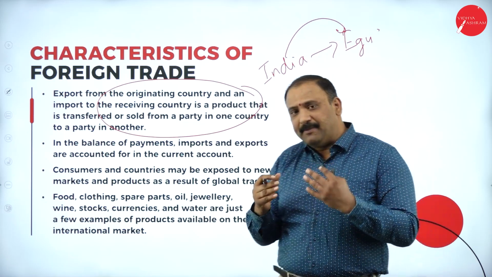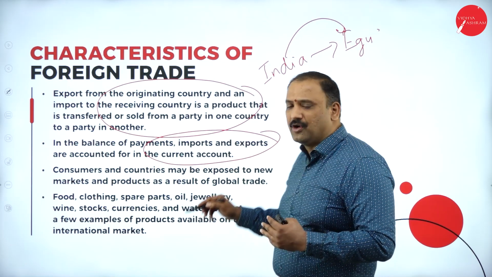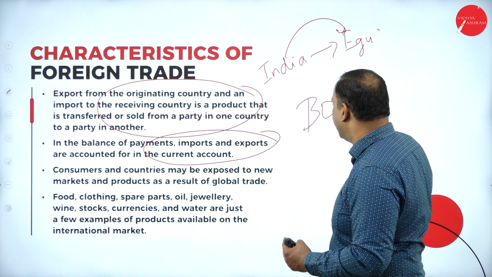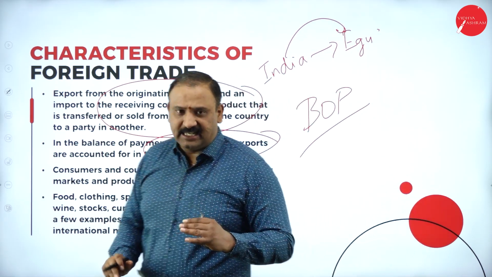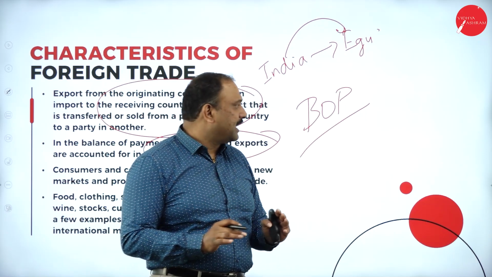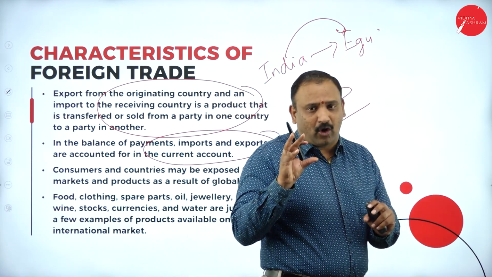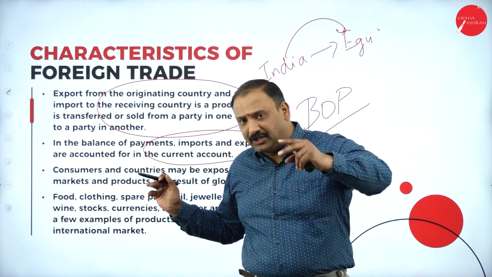Now, the balance of payments is what we are very much concerned about when we talk about the current account. Now, what is the balance of trade all about, the balance of payments factor? Whenever we are buying and selling, it is not mandatory every time that you clear the account by paying cash. So there will always be an adjustment in terms of imports and exports between two countries.